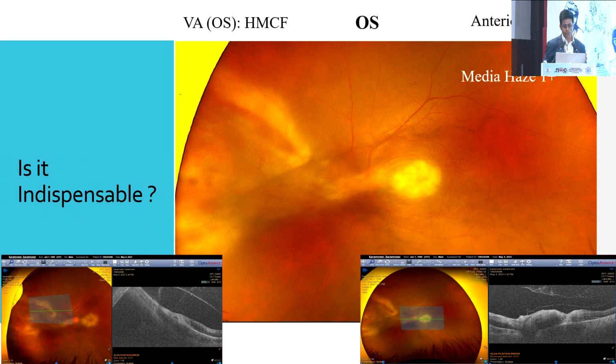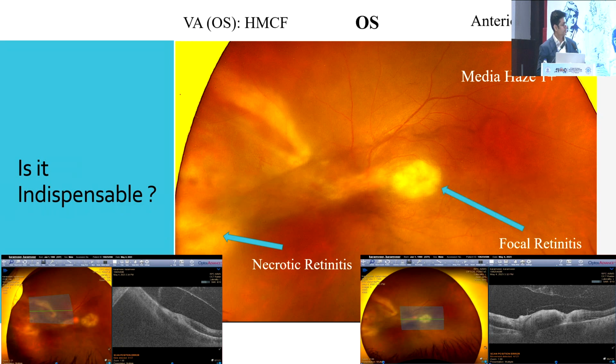This was a patient who came with defective vision and was having a necrotic retinitis in the periphery, focal retinitis in the center, and some hemorrhages over here. It was an immunocompetent patient, and we were confused. The patient had already received a PST injection elsewhere.